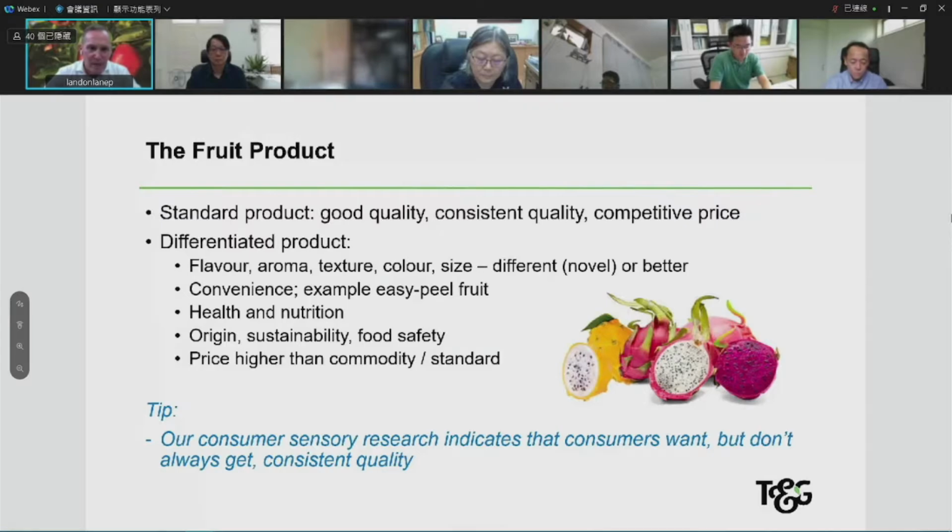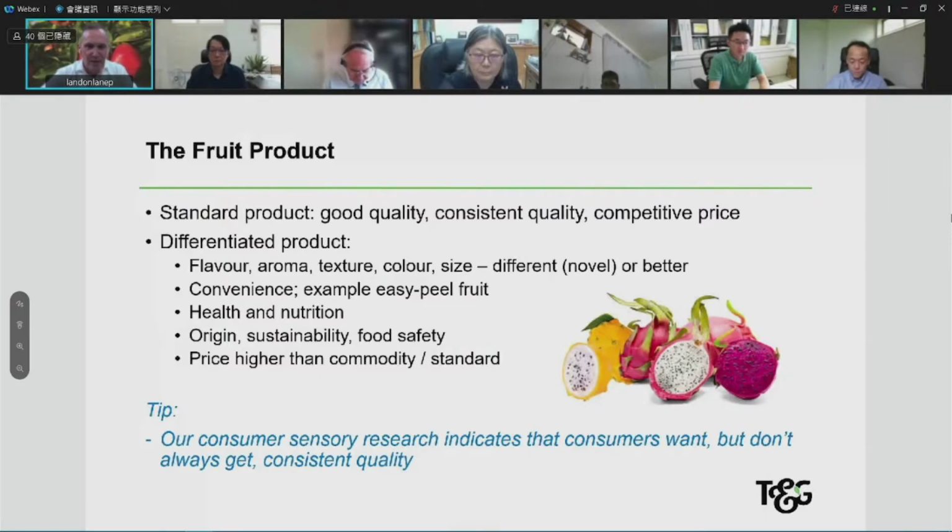And in the same way that I talked about before, flavour, aroma, texture, colour or size could be some of the factors that are different. It could be that it's more convenient, that it's easy to peel or easier to eat. We think of easy peel mandarins, citrus, being something that was new a few years ago, and that led to an increase in consumption of easy peel fruit.